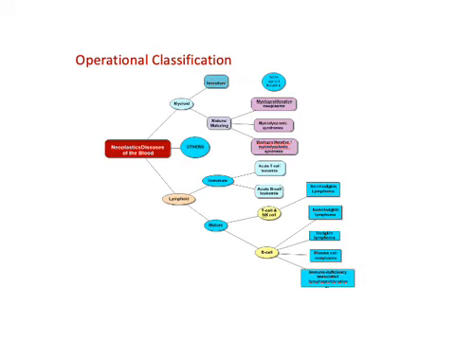Now, the neoplastic diseases may be operationally classified into myeloid and lymphoid. And the behavior of the neoplastic cell is dependent on the degree of maturation that the abnormal cells could actually undergo. So based on the degree of maturation, we commonly divide the neoplastic diseases of the blood into chronic and acute, myeloid or lymphoid.